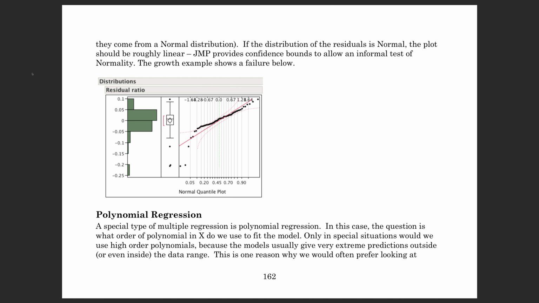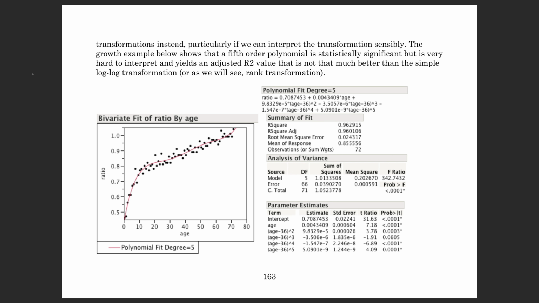Polynomial just means powers of x. So the question would be, what order of polynomial in x could we use to fit the model? Generally, we don't like high order polynomials too much because these models often give quite extreme predictions outside the data range. This is one reason why we'd often prefer looking at transformations instead.